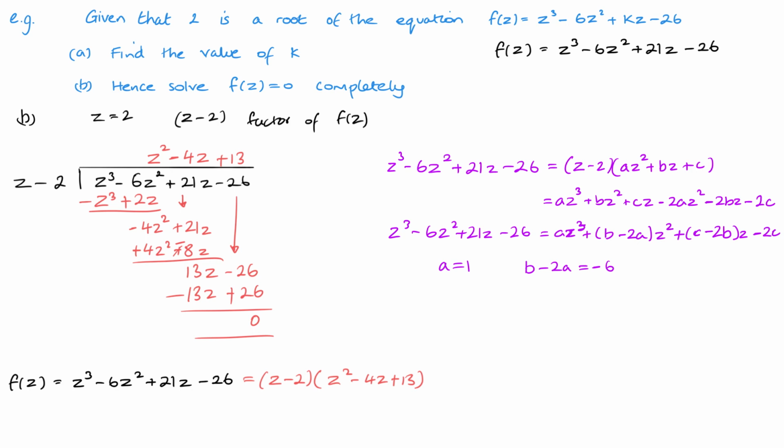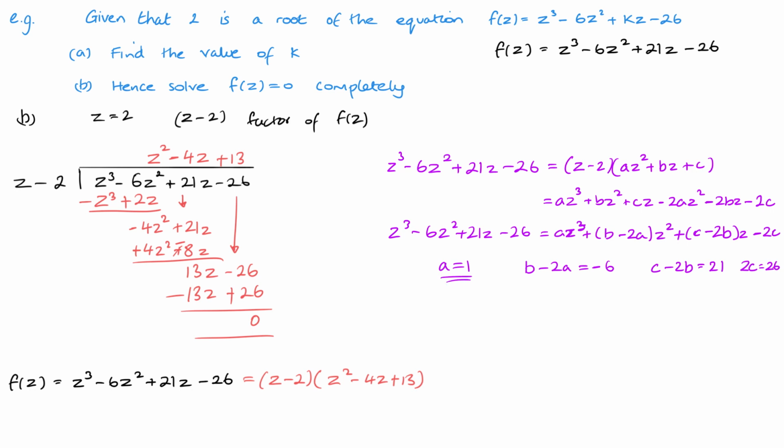Looking at our z's, we can see that c minus 2b equals 21. And we can see essentially minus 26 equals that minus 2c. So I'm just going to put 2c equals 26 there.